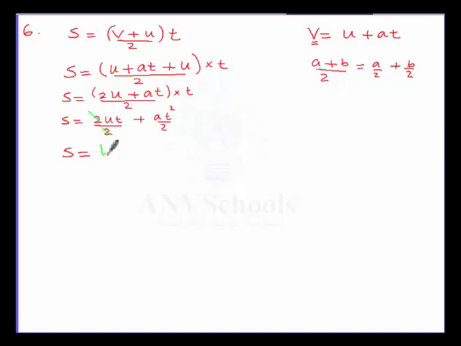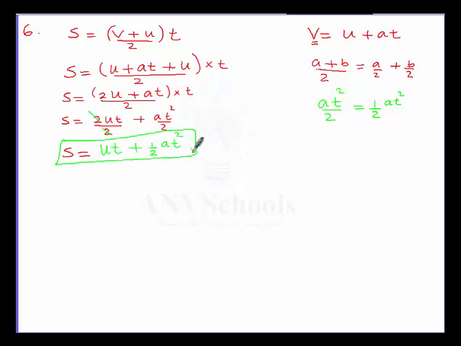Then I will have initial speed multiplied by t plus at square over 2. I can write this as 1 over 2 at square. So I can write this as ut plus half at square. This is our next equation, the other equation.